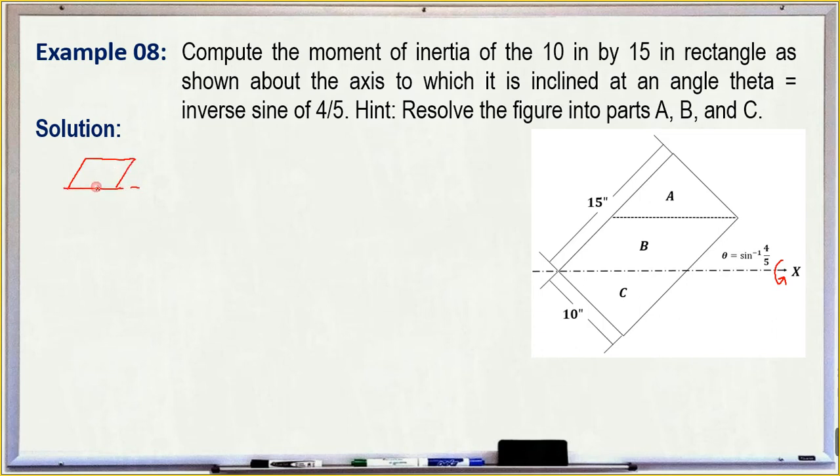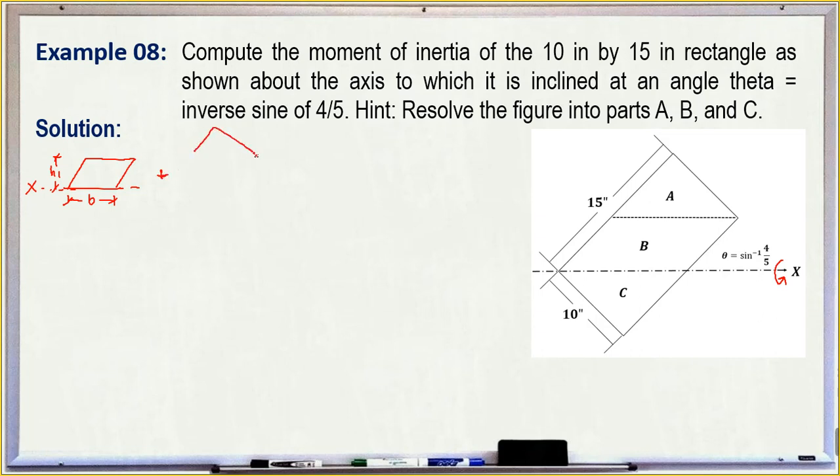So object B has our axis. We can label this parallelogram, because this is a parallelogram, with a base B and a height of h1. So ato i-add, plus the moment of inertia of the upper triangle.